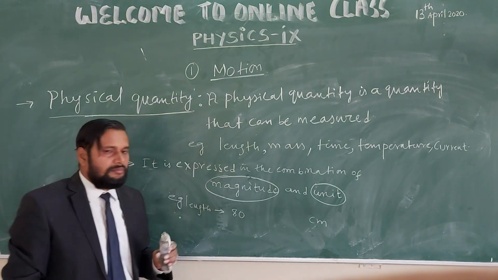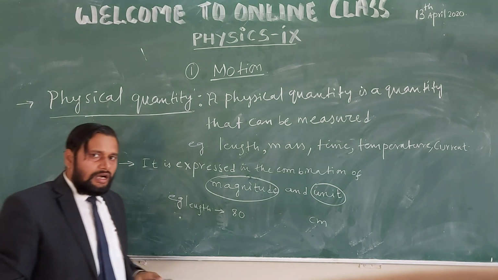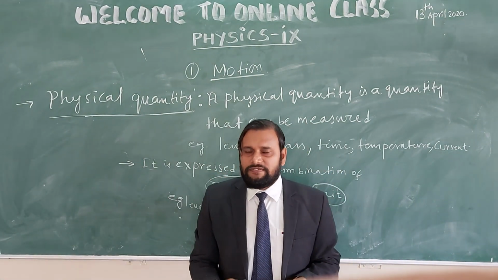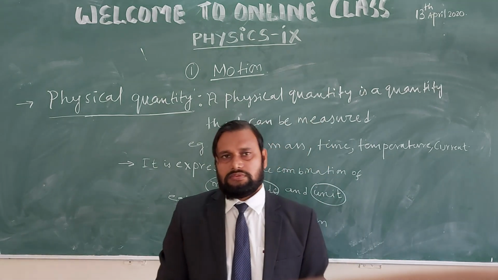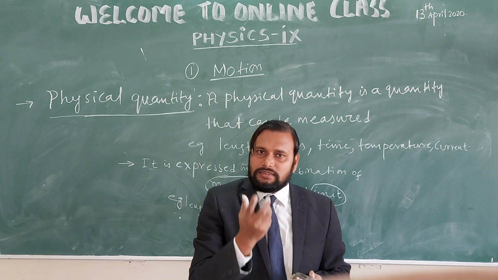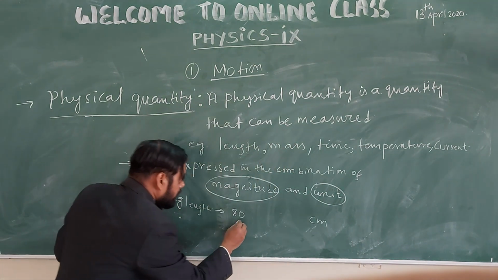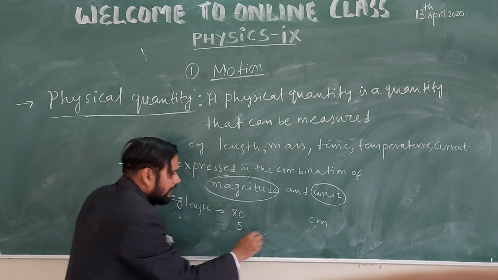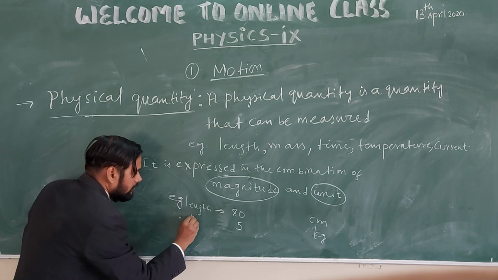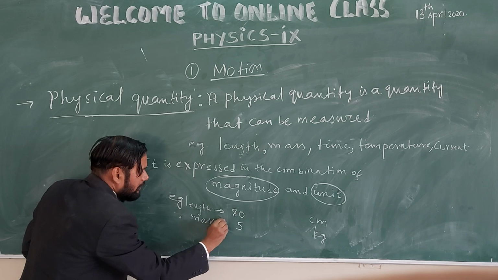Now next, mass. I went to market and I brought 5 kg of potato. See, the mass of potato is 5 kg. That means 5 is its magnitude and kg is its unit. So this physical quantity is mass.